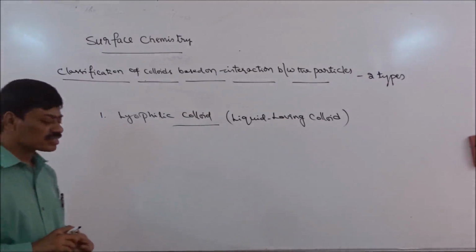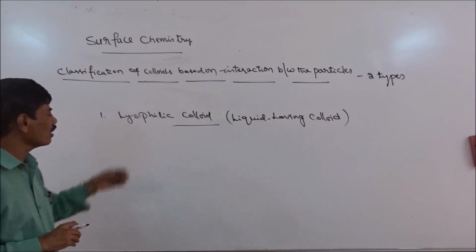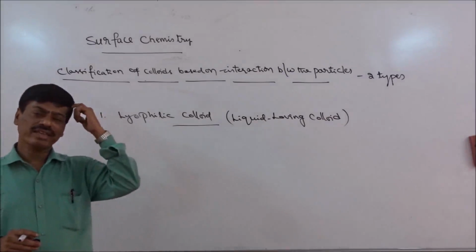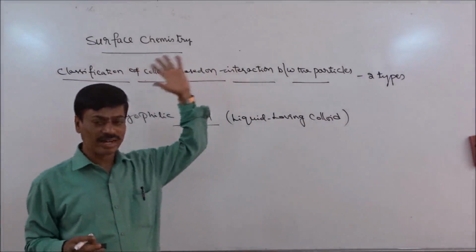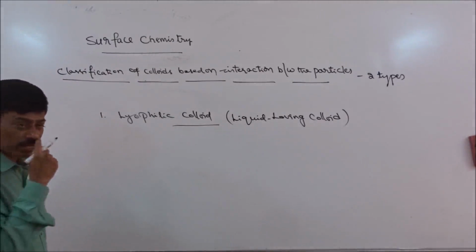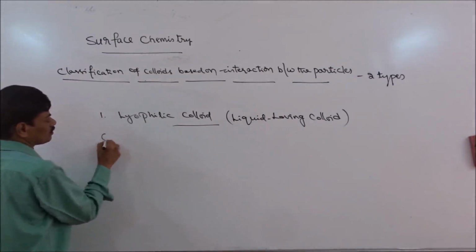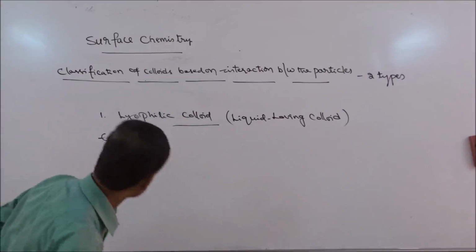So both the phases, dispersed and dispersion phases which are there in lyophilic colloid, they attract each other, and that attraction is nothing but interaction, right? And best example for lyophilic colloid is gum sol.